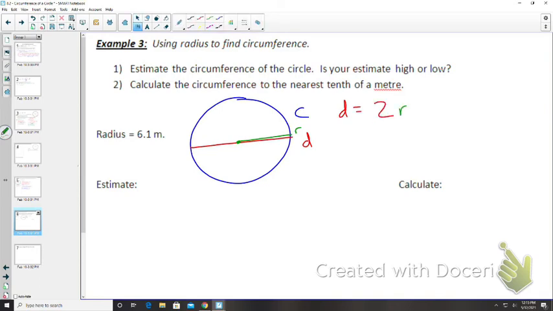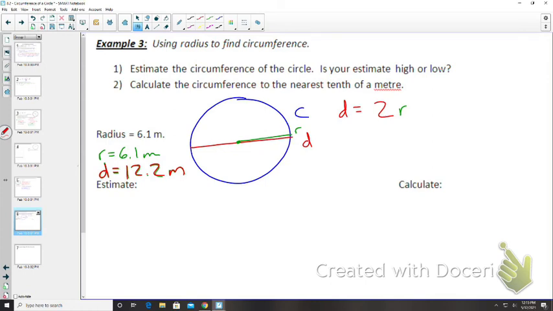Our radius is half of the diameter, or our diameter is 2 times the length of the radius. So if we know our radius is 6.1 meters, if we multiply that by 2, we'll find our diameter is 12.2 meters. So this whole way across the circle is 12.2 meters.